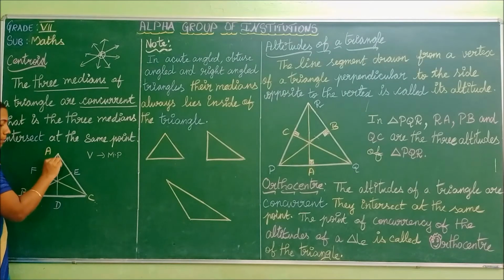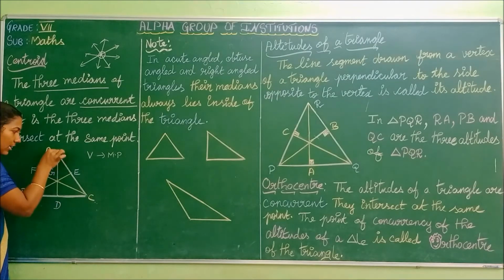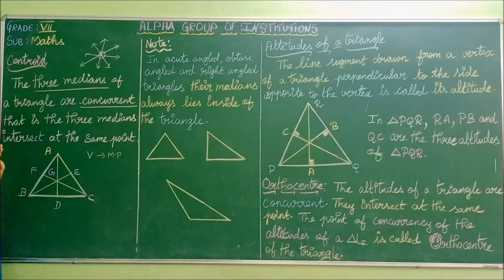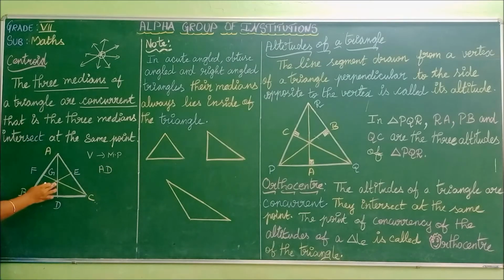Do you understand, children? This is vertex A. The opposite side to vertex A is BC and the midpoint of BC is D. So the line joining vertex A and D is said to be a median. So AD is one of the medians of this triangle.